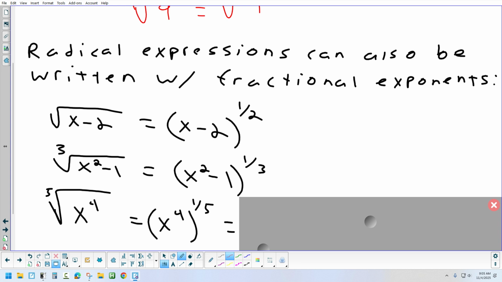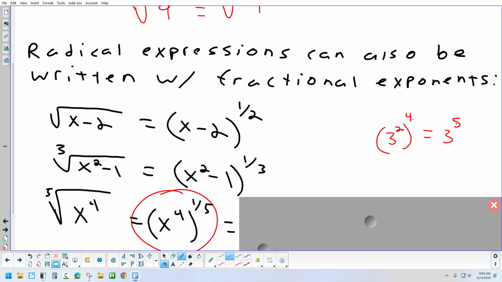Now, this last one is the real reason why we might change something from having a radical symbol to having an exponent. What we have here is a power raised to a power. Does anybody remember when you have a power raised to another power, what you do with these two powers?